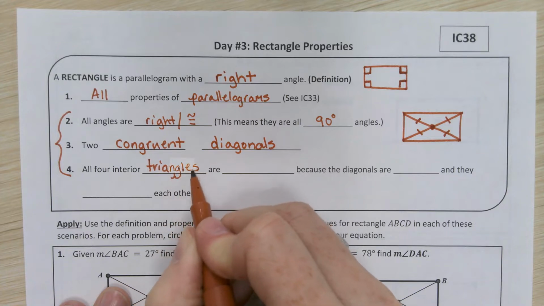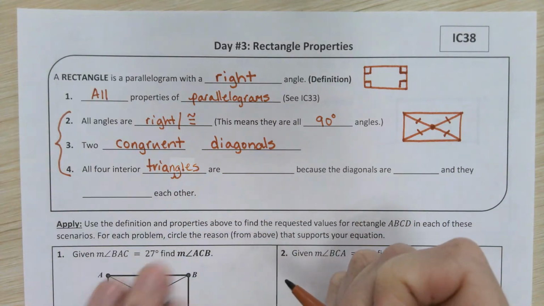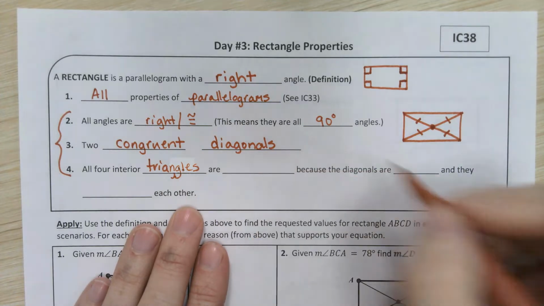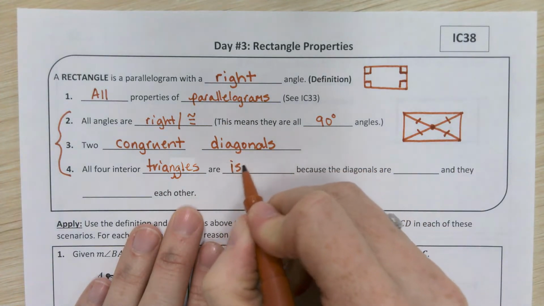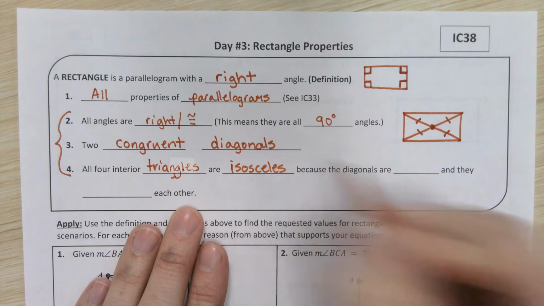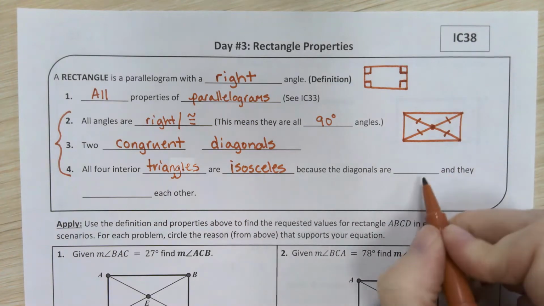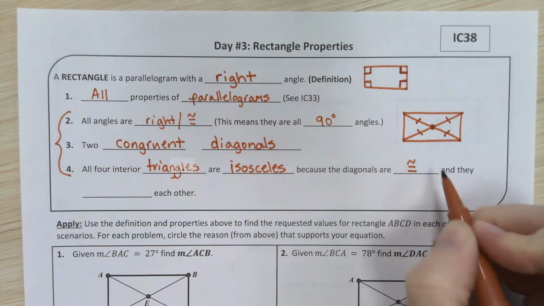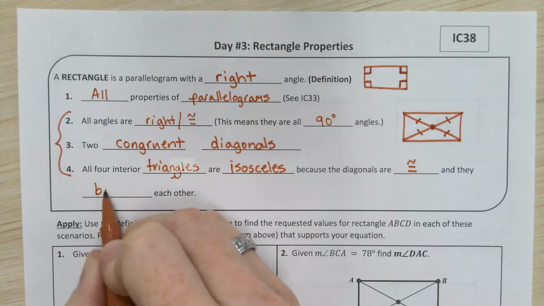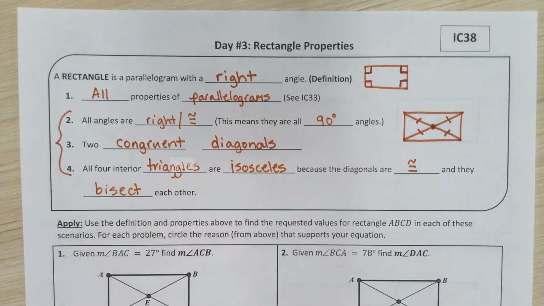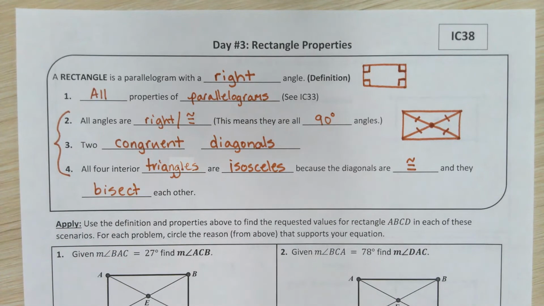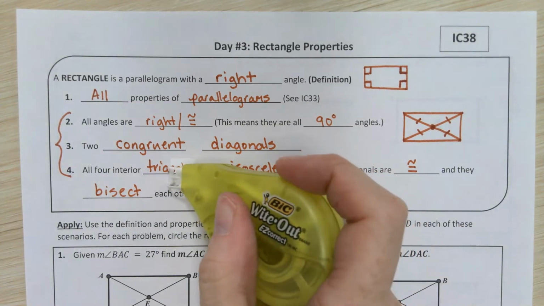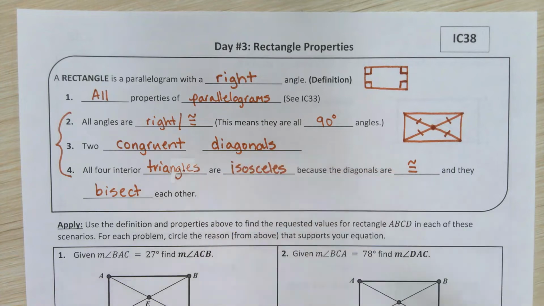So we're going to have 4 interior triangles that are all isosceles because of those diagonals that are congruent, but that also bisect each other thanks to those parallelogram properties. Okay, so all 4 of those interior triangles are going to be isosceles triangles.